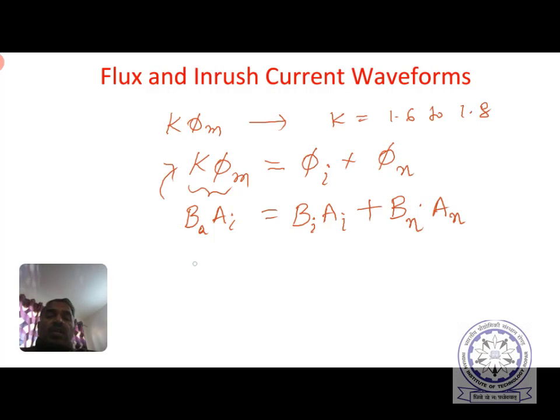So if we assume like that, then BA equals BI plus BN into AN by AI.